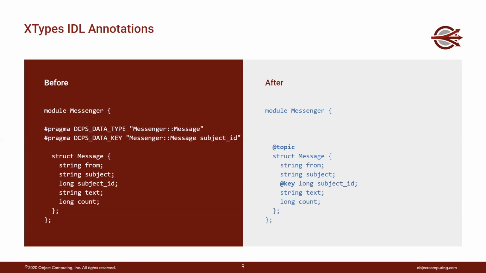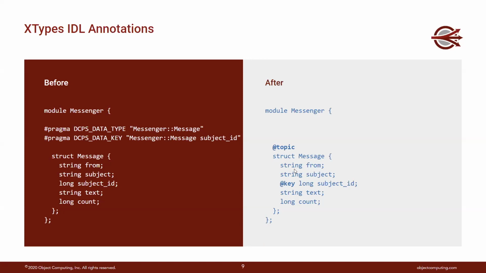use within the structure. And you'll see on the after side of the slide that this is much simplified with XTypes IDL annotations. So the idea of an annotation is that it starts with an @ symbol and then has a simple identifier like topic. It could also maybe have some additional parameters after that, but we don't need it in this simple example.